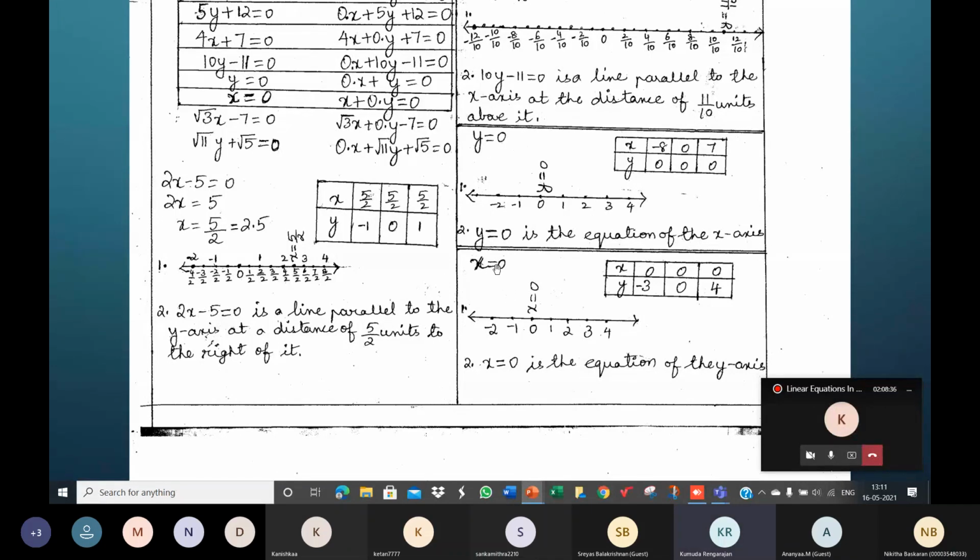This is understood, because when we are working with graphs, we have 2 axes, x and y. So x is equal to 0 is the equation of the y-axis and y is equal to 0 is the equation of the x-axis.